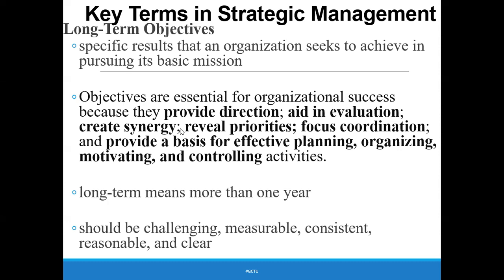Finally, when we say it also helps organizations to succeed because of the controlling activities that are embedded in it, what does it mean? That also means that the objective serves as the benchmark or the standard against which performance can be measured and compared. And this standard or benchmark will also become the basis that you can use to know whether you are doing the right thing or you are not doing the right thing.